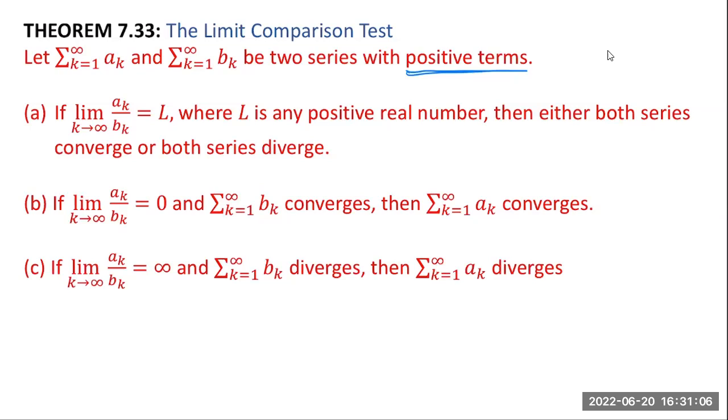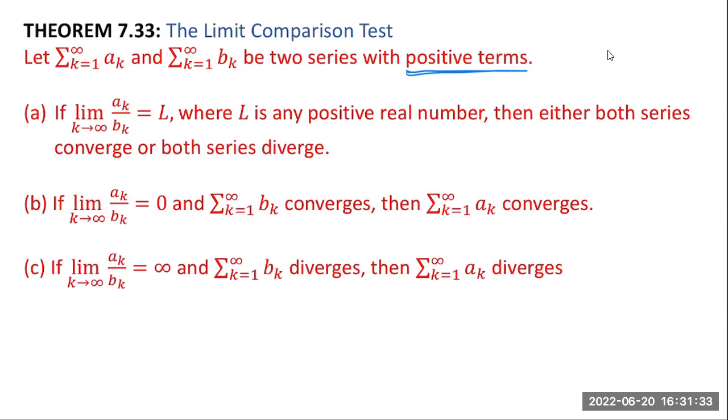And the second part: if the limit as k goes to infinity of AK over BK is equal to 0, and the sum k goes from 1 to infinity of BK converges, then the sum of AK also converges. If this limit is equal to 0, and you know that series BK converges, then the series AK also converges.